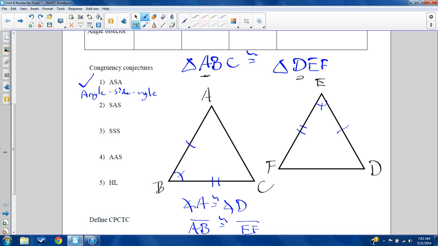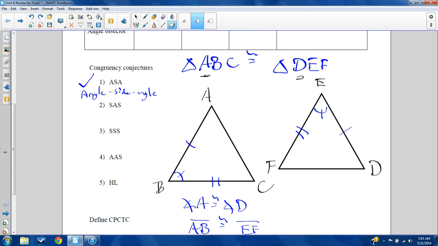Okay? This would be an example of something that is not side angle side. Side, angle, side. You're saying side angle side, but you completely skip this side and this angle. They must work in sequential order. You have to have parts going sequentially, side angle side, in order to use that conjecture.